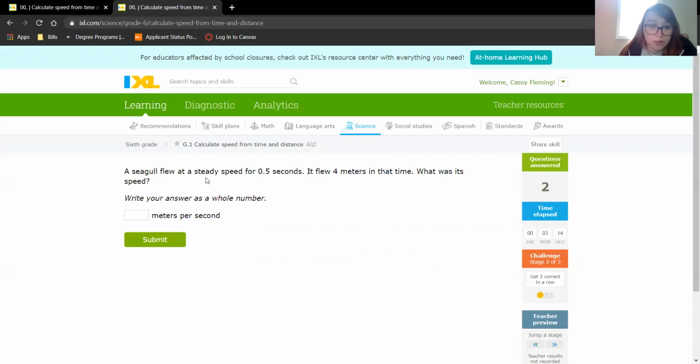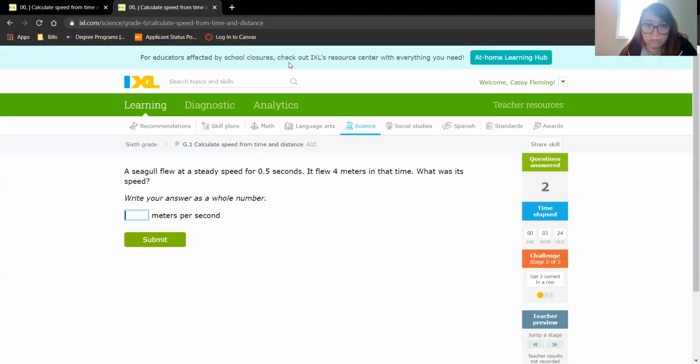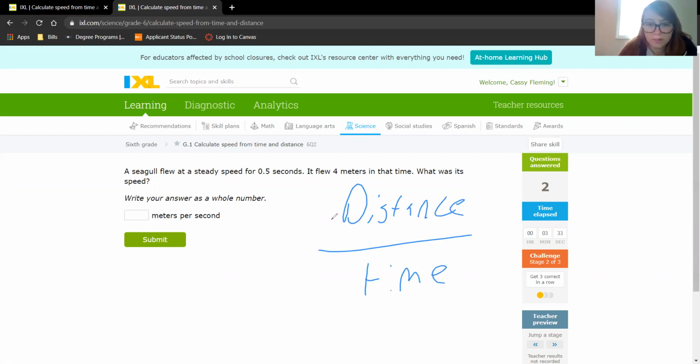A seagull flew a steady speed for 0.5 seconds. It flew 4 meters in that time. What was its speed? So again, speed is distance by time. Our distance was 4 meters. Our time was 0.5 seconds. Now, I don't know if you guys are going to have a calculator.